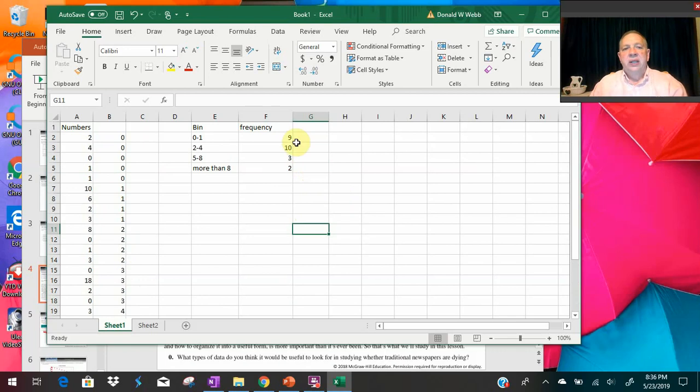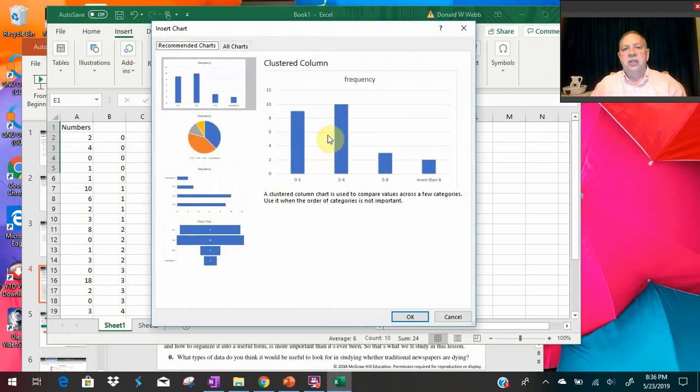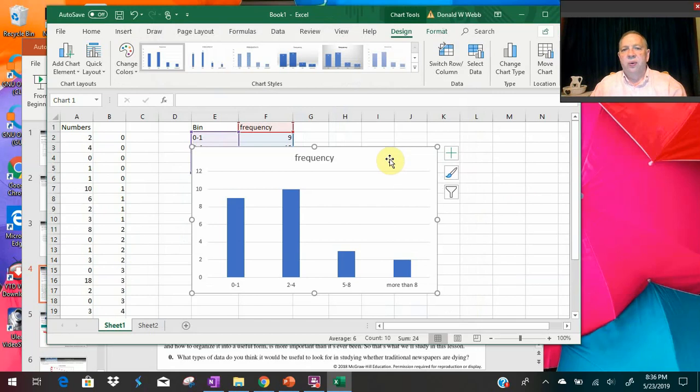Okay. So now if I wanted to actually build that histogram chart that they're talking about, the bar chart, I go through here, do my recommended charts. That's what I'm looking for.